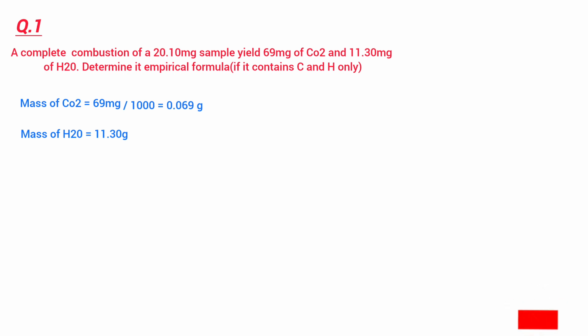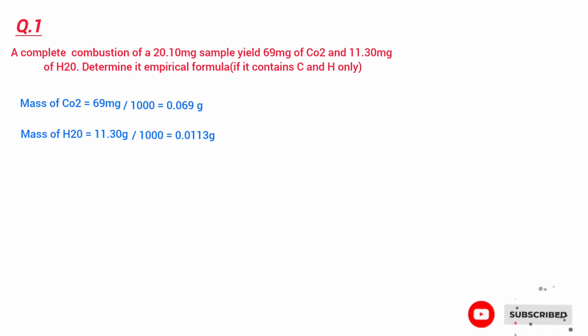Dividing the mass of H2O, which is 11.30, by 1000, we have 0.0113 gram. So the next thing we need to do is to find the mass of carbon in CO2 and the mass of hydrogen in H2O.